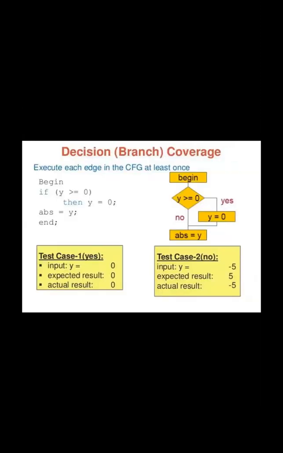Say if y is 0, the expected result is 0 as well as the actual result. If y equal to -5, we expect the result 5, but actually we get -5. Here the expected and actual results mismatch, so there is some logical error in the code.